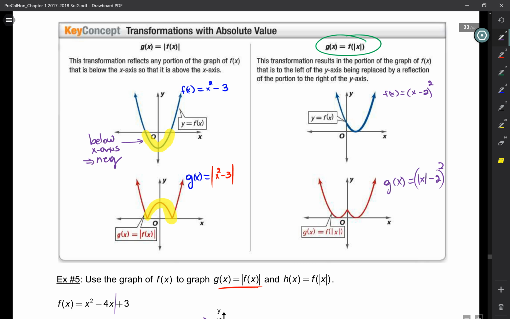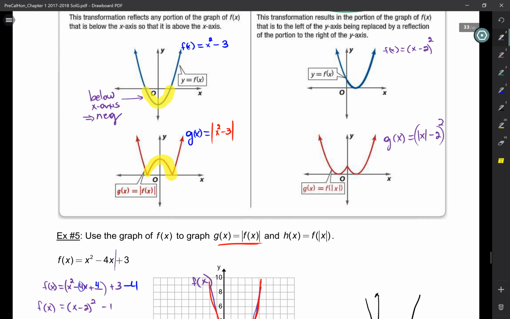Do you see how the x inside has an absolute value around it? What this does is it gets rid of everything with a negative x and duplicates what's left over. So do you see this?